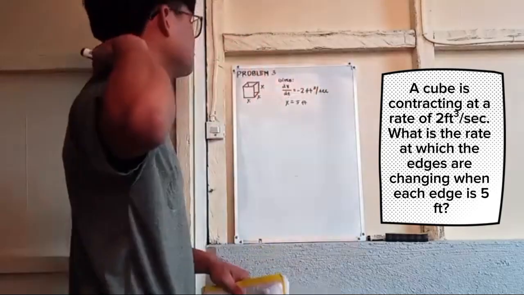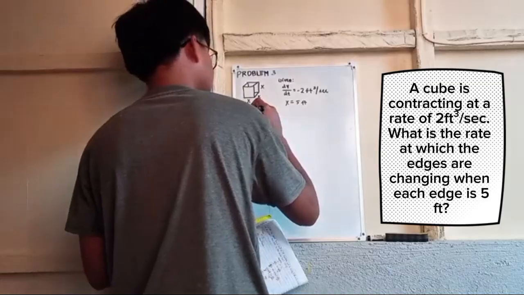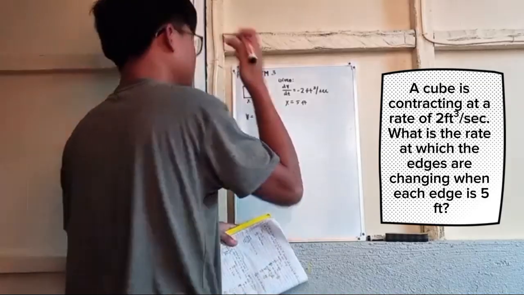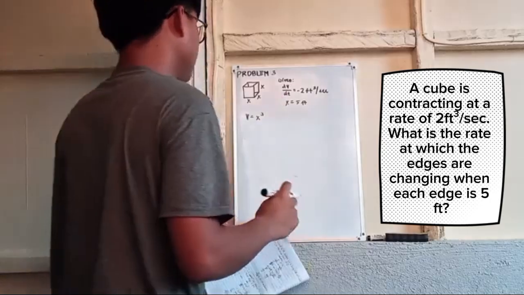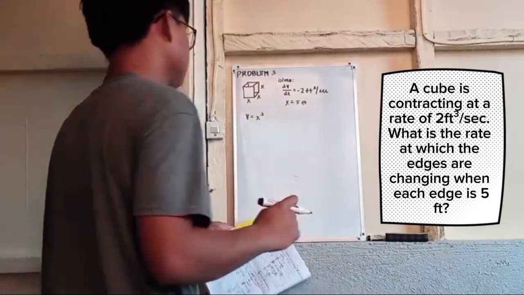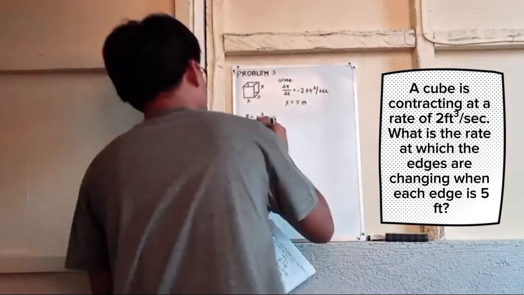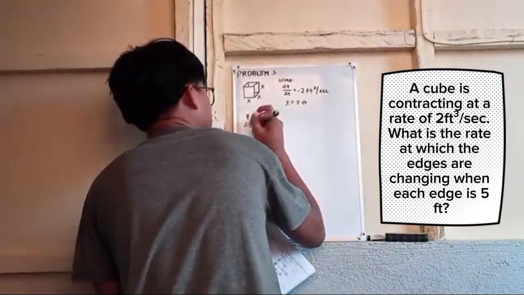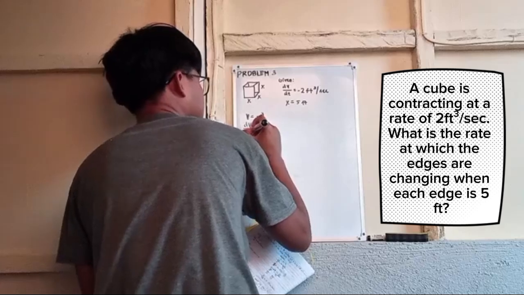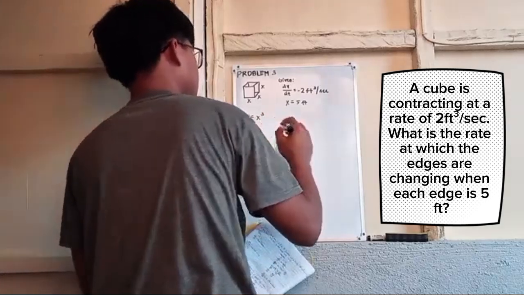So we all know that the formula for the volume of a cube is equal to x cubed. Then we will differentiate the formula with respect to time, dV over dt.